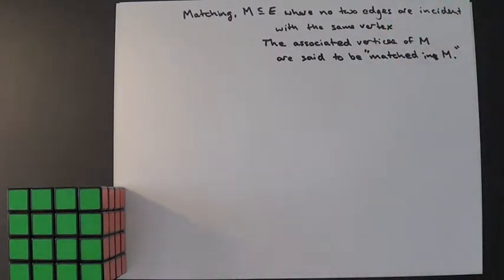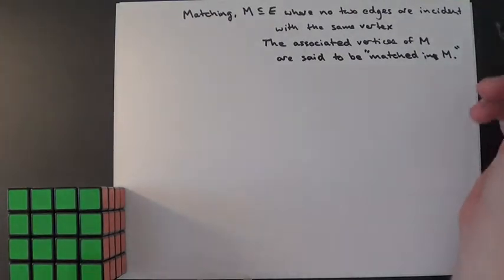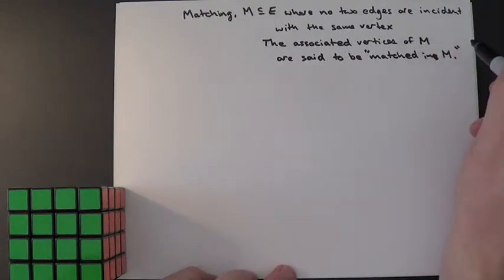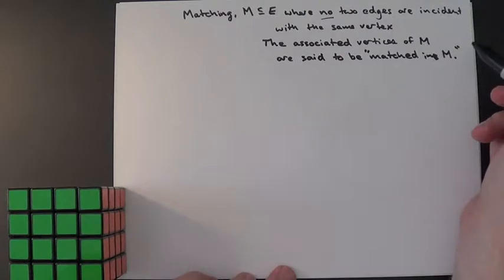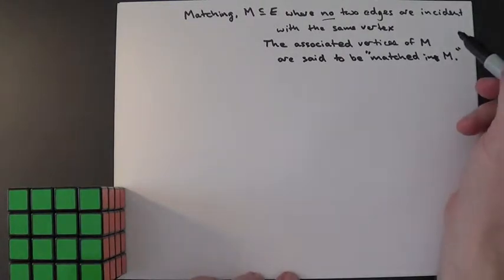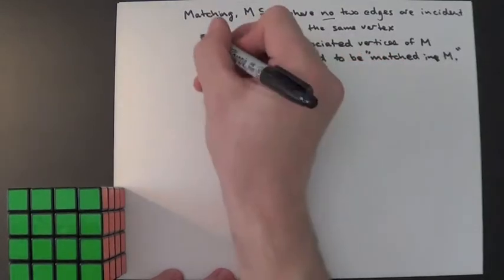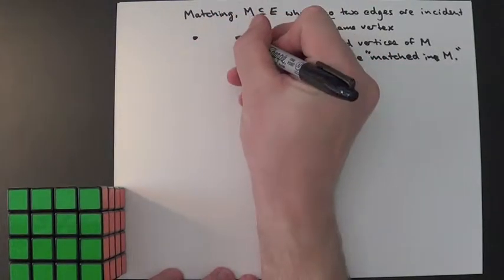So, if we take a subset of E, the set of all edges, if we take a bunch of edges with the property that no two of them are incident with the same vertex, then we have a matching on E. Simple matching.